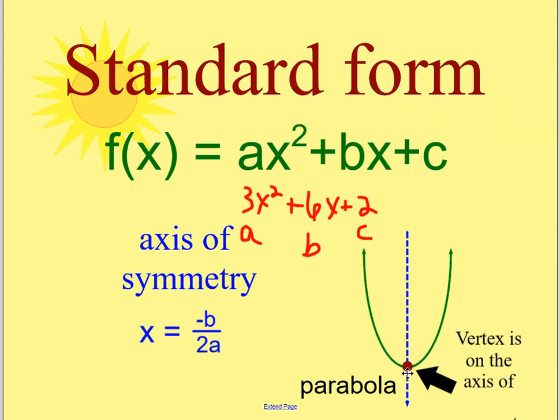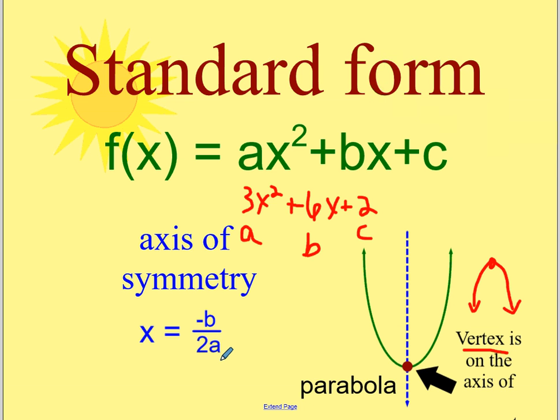The bottommost point or the topmost point, if it was upside down, like that. So either the bottommost point or the topmost point is going to be called your vertex. Okay, your vertex.